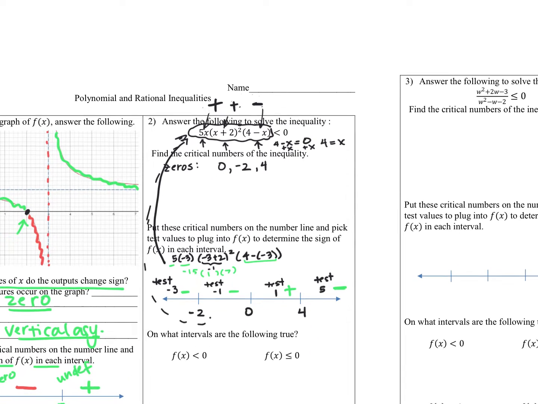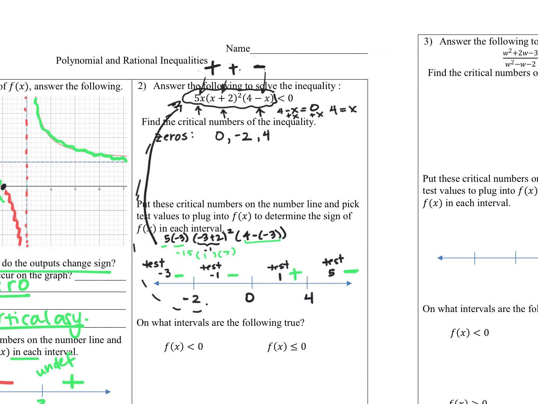All right, and I'm going to sketch over this too, to imagine if we were on a coordinate plane here. We know that the total degree was going to be a power of, let's see, we have a x to the 1. We have x plus 2, that's squared, and then 4 minus x is to the first. So we know we're going to have an x to the 4th. So we're 4th degree.